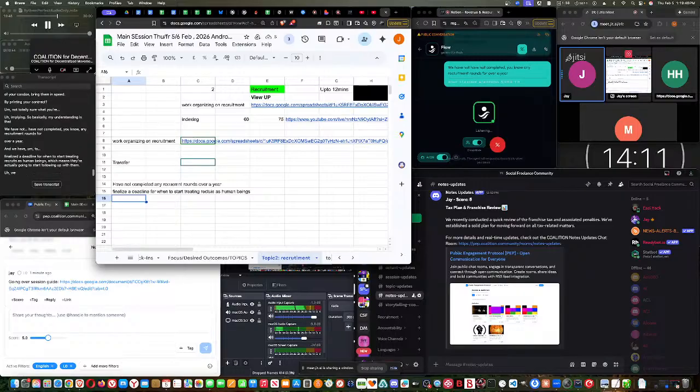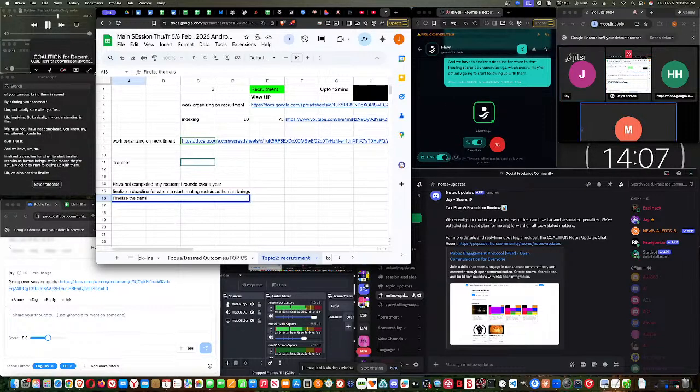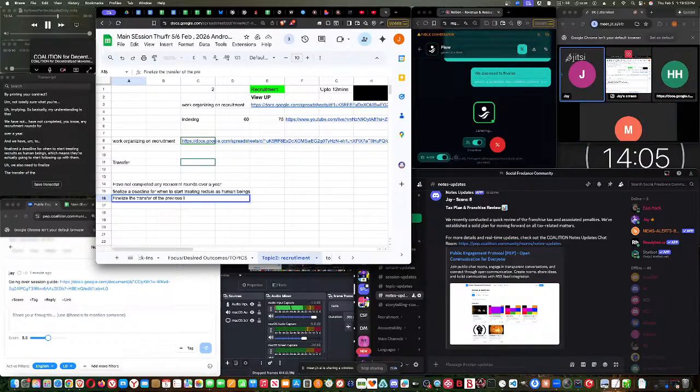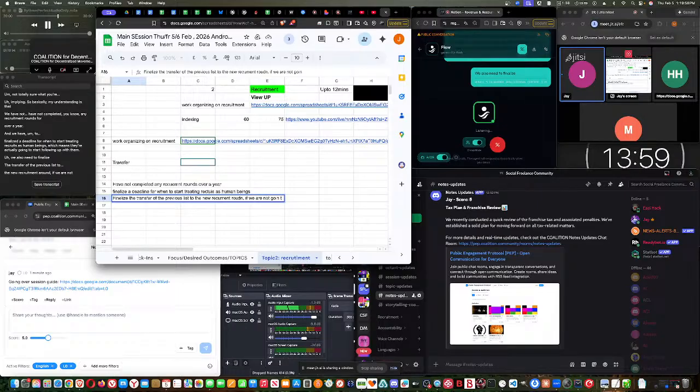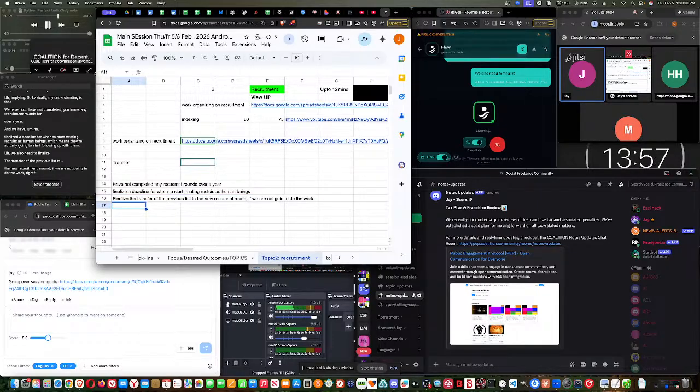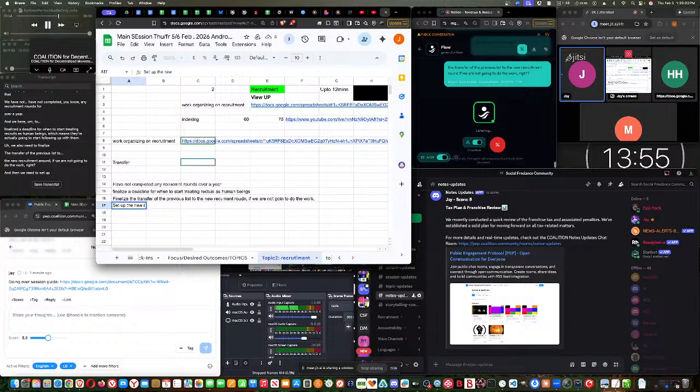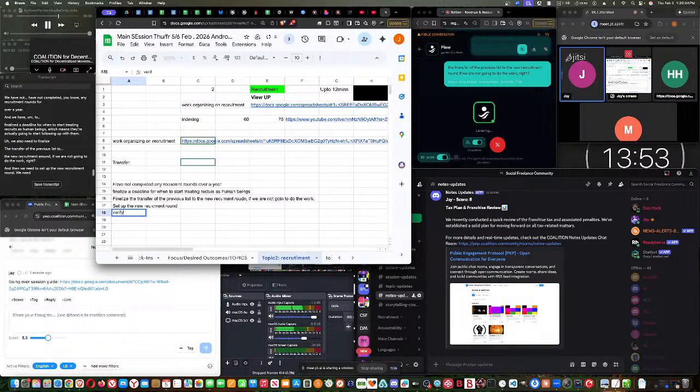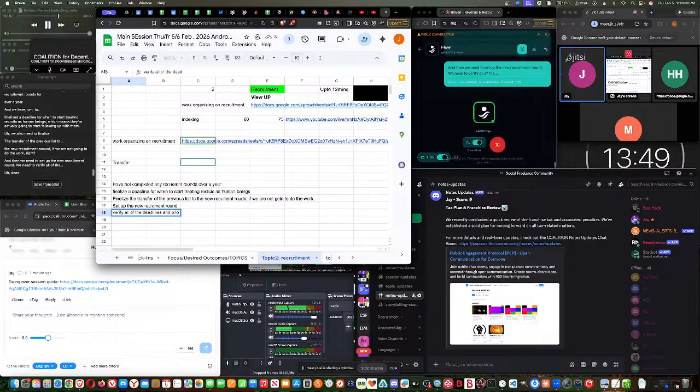We also need to finalize the transfer of the previous list to the new recruitment round if we are not going to do the work, right? And then we need to set up the new recruitment round. We need to verify all of the deadlines and priorities, right?